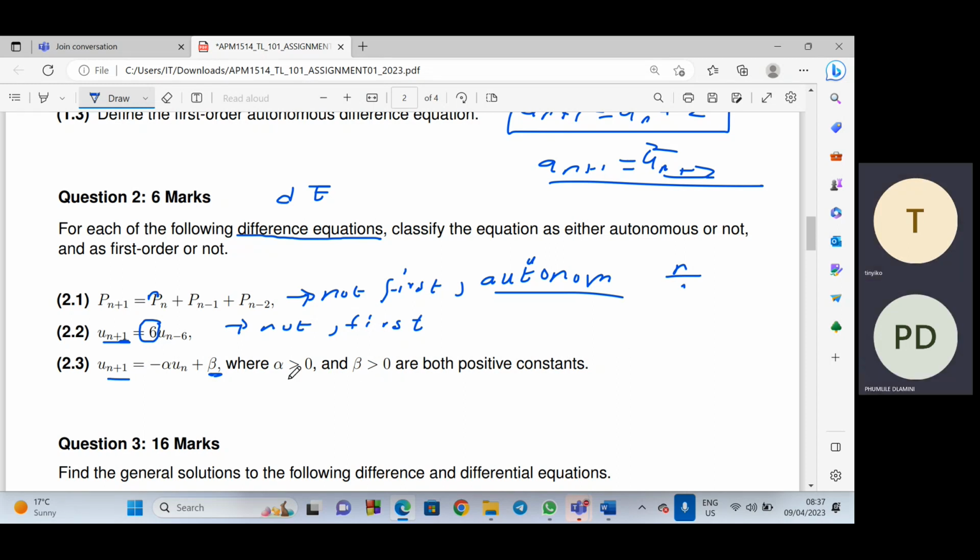But in fact, you have defined where alpha is greater than 0 and beta is greater than 0, both positive constants. A constant can also be the same as n, because n can be any number. So this equation is not autonomous.